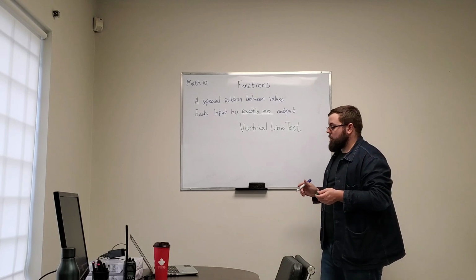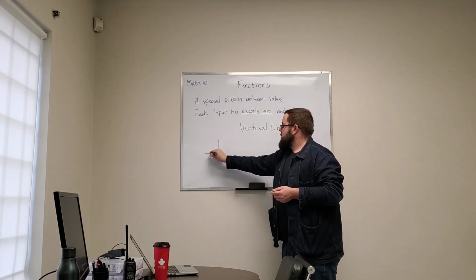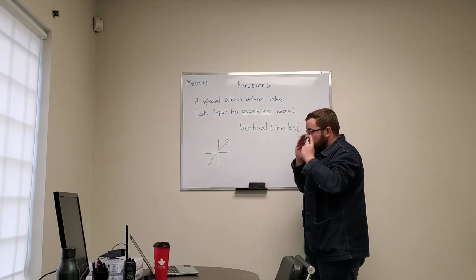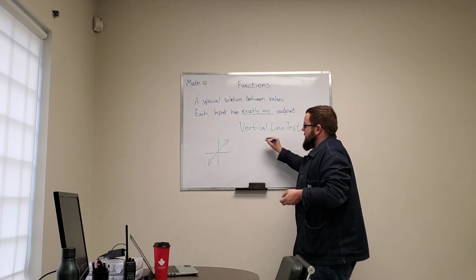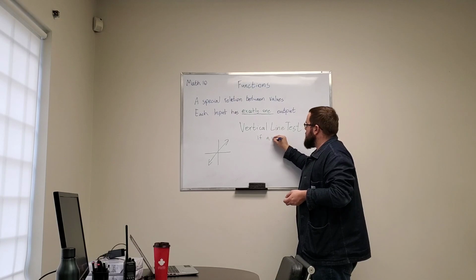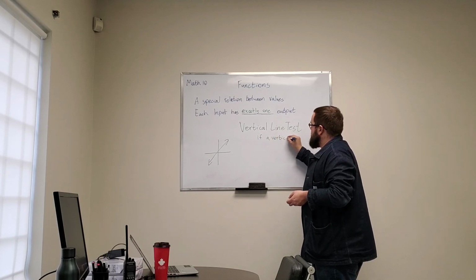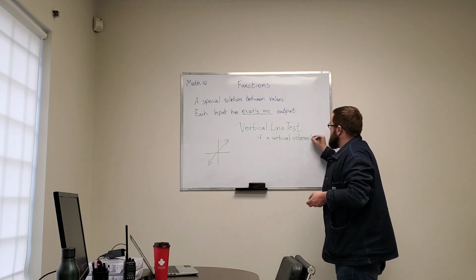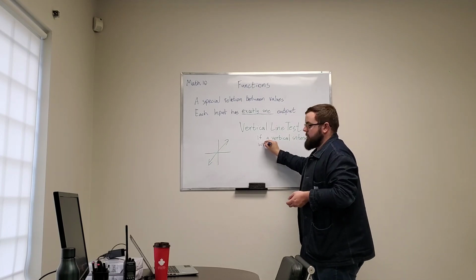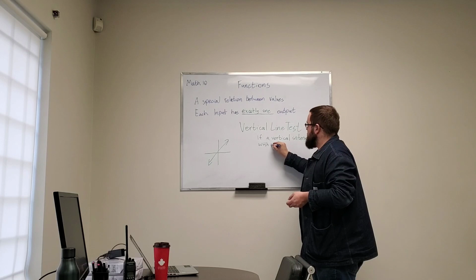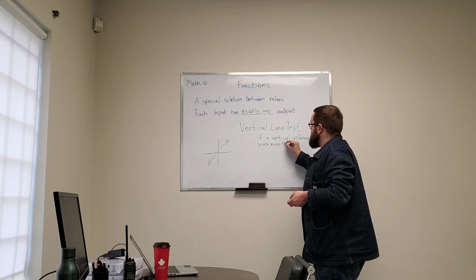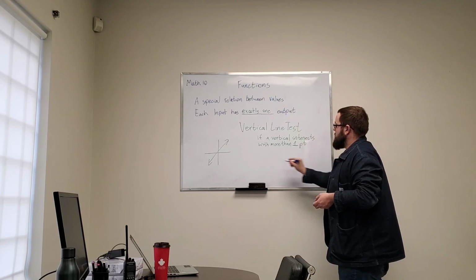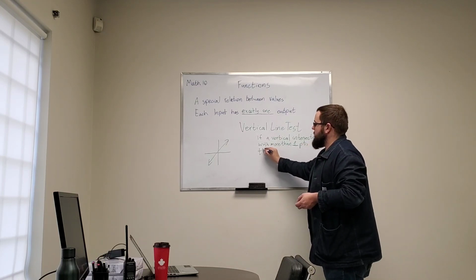So whenever you have your graph, say your graph looks like this, sure. The vertical line test says if a vertical line intersects with more than 1 point, then it's not going to be a function.